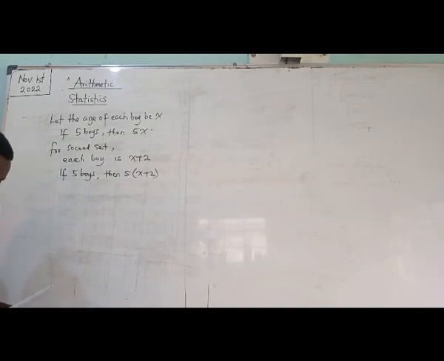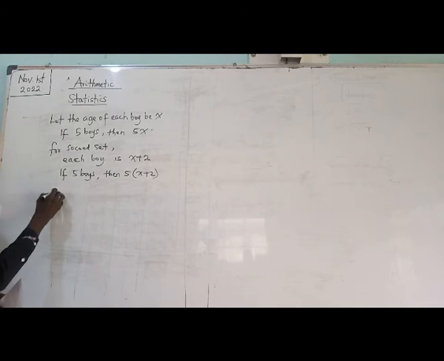Good. Now, if the average age of the second set of boys is 11, what is the sum of the ages of the first 5 boys? Alright. So what would that mean? It means 5 into x plus 2 will be equal to what?